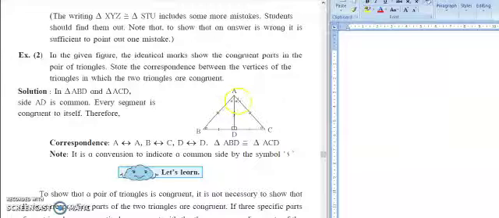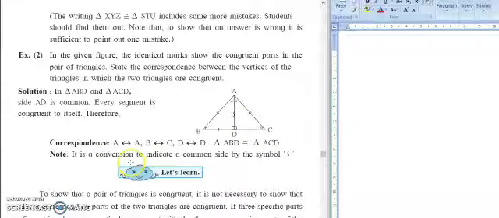So angle A is congruent to angle A, then angle B is congruent to this angle C, and this angle D is also common, so it is also congruent to this angle D. This A corresponds to this A, this B corresponds to this C, and this D corresponds to this D. So triangle ABD is congruent to triangle ACD. When we put this triangle ABD on this triangle ACD, all the points will coincide with each other.